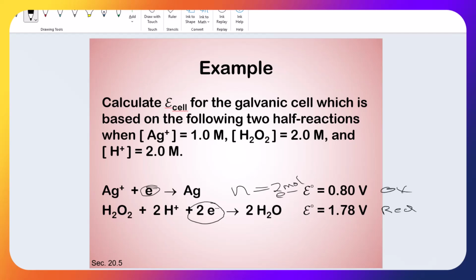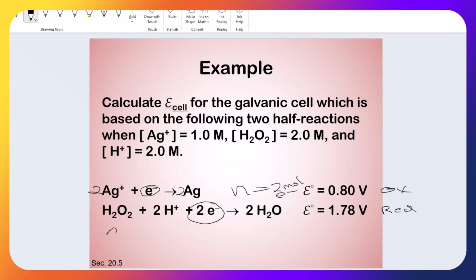So that was easy. The problem is we need coefficients for everything. Now, we know we need to multiply this by 2 and this by 2. I think this is actually going to work out pretty well. Let's just see. So I'm going to flip this reaction.